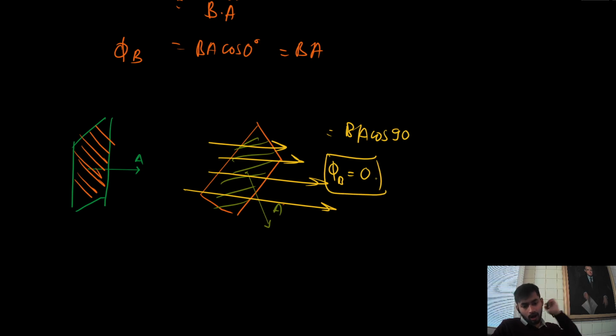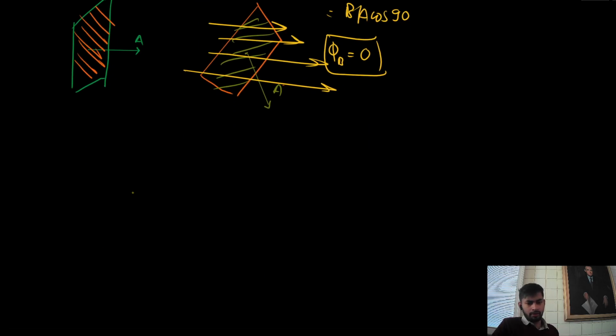So it's just an idea that you have to know that area vectors exist and magnetic fields exist. And if you know what's happening in these cases, then it should make sense, right?